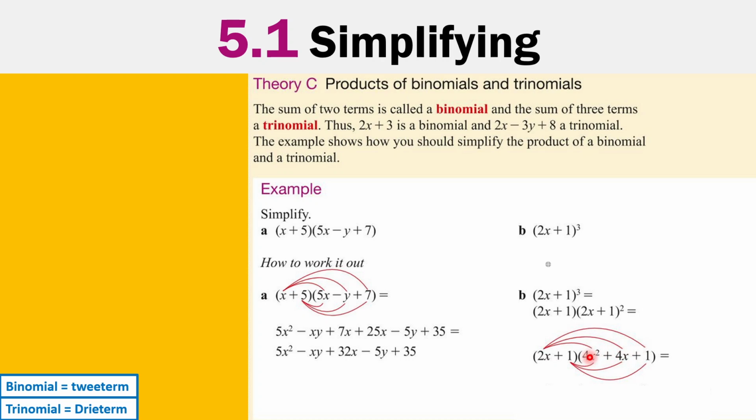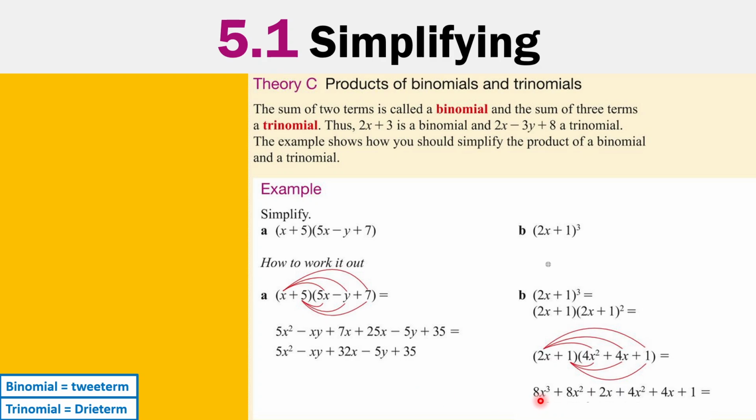And if you now watch carefully, I have a binomial times a trinomial again, which is 2x times 4x squared, 2x times 4x, 2x times 1, and 1 times 4x squared, 1 times 4x, and 1 times 1. Calculate, calculate, calculate, write this down, watch out that you don't make small calculation errors, and you will find this.